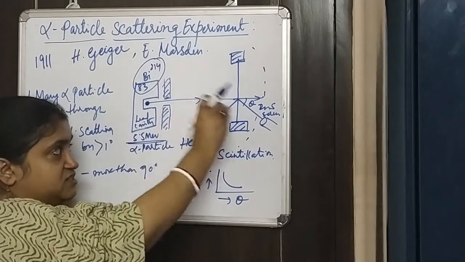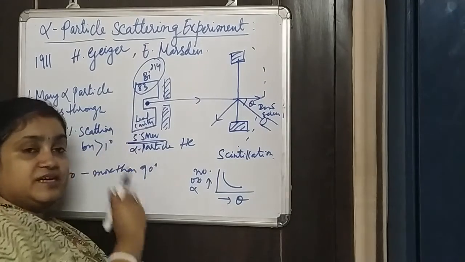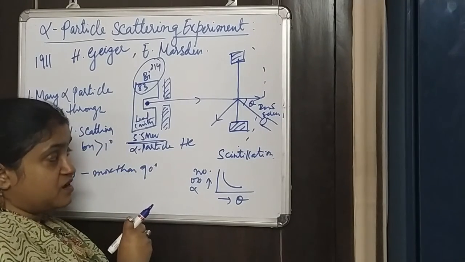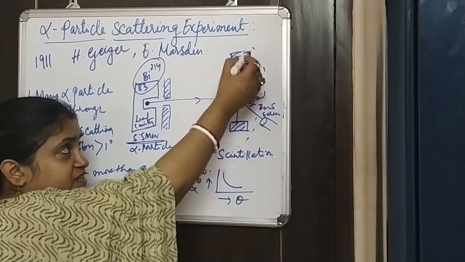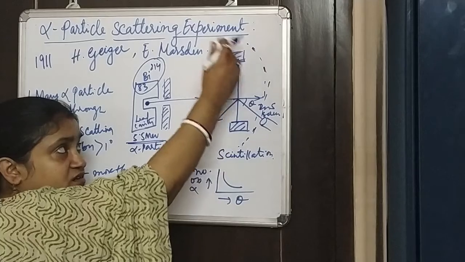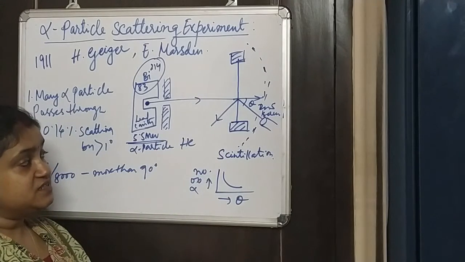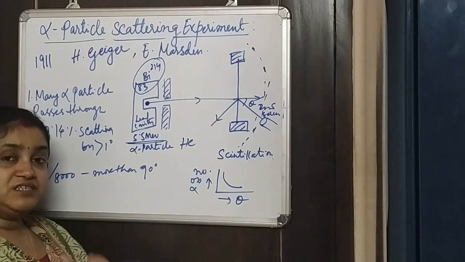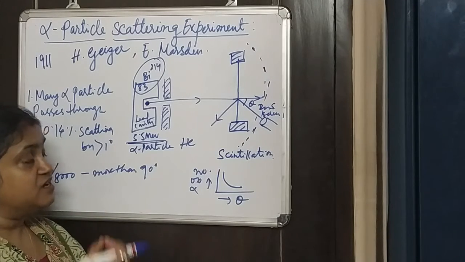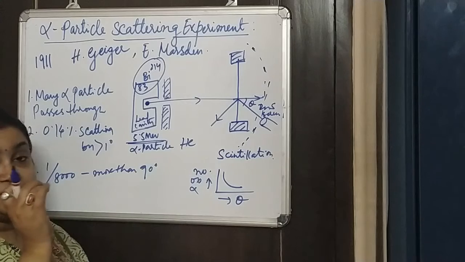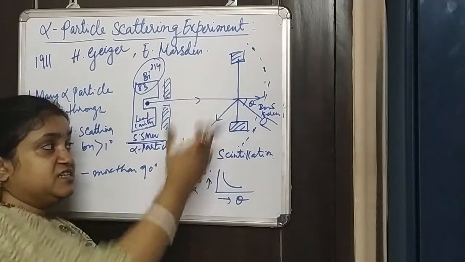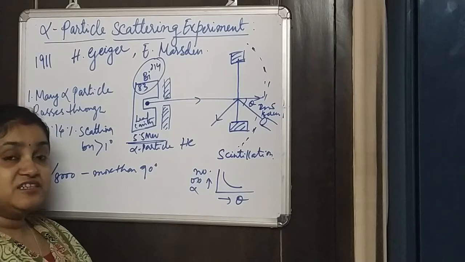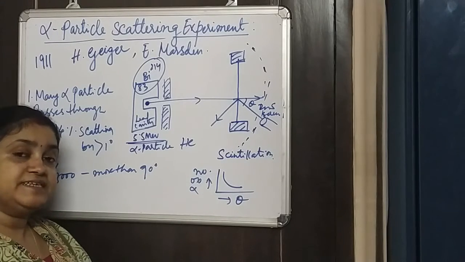It just hits the gold foil with helium ions, which are alpha particles, and then there is a zinc sulfide screen, and in the screen there are bright flashes that come out whenever the alpha particle hits the gold foil. This bright flash is called scintillation.